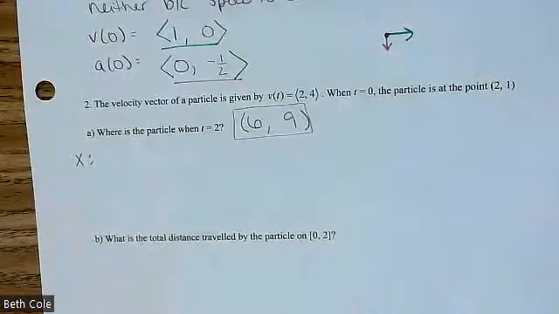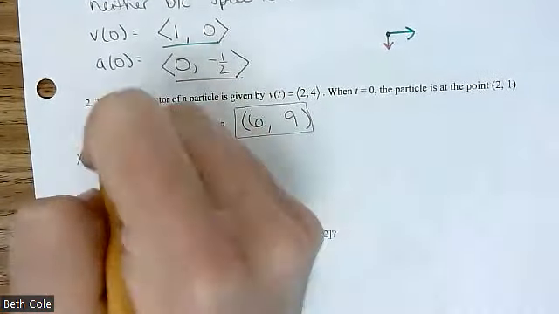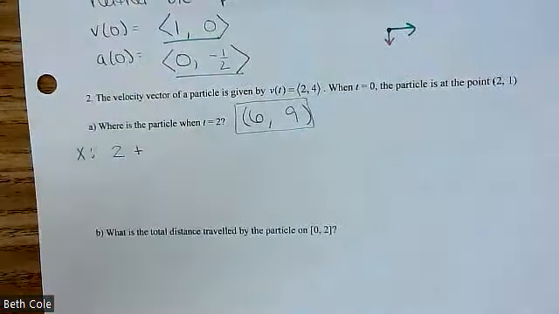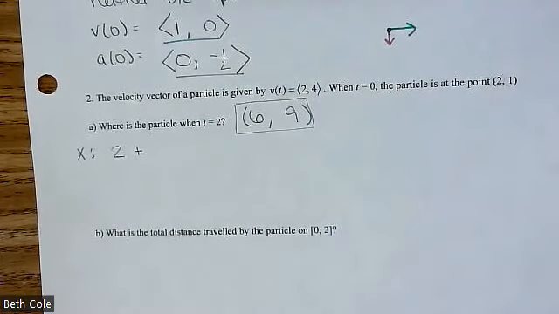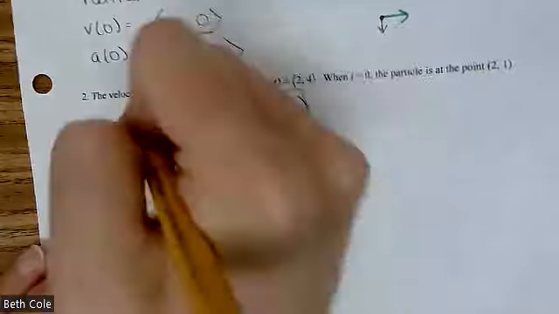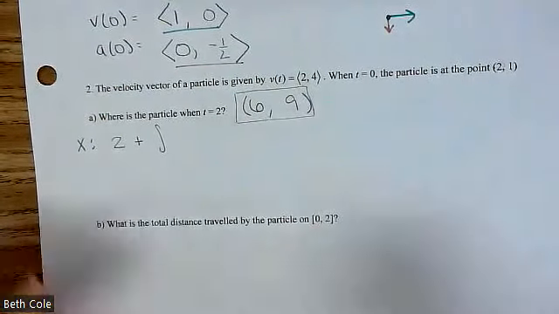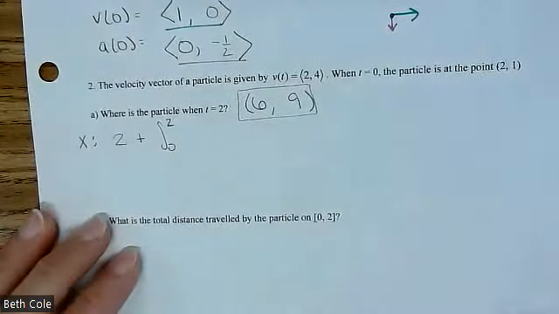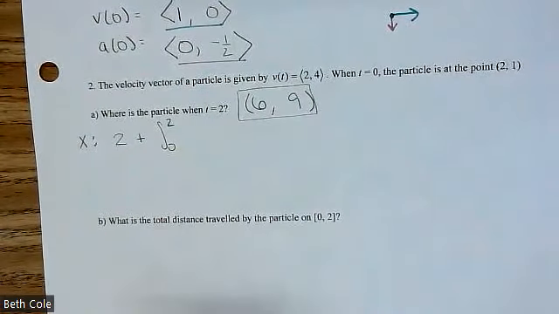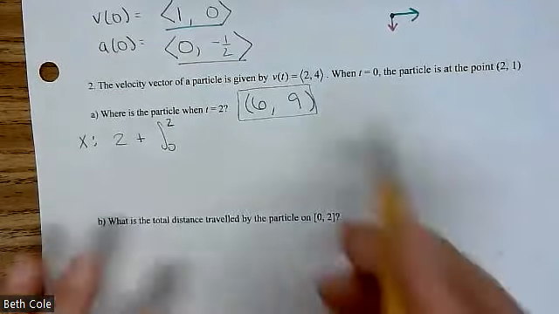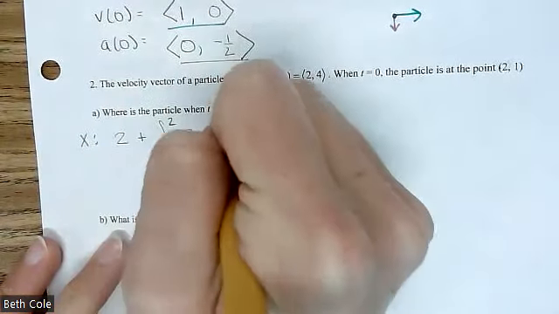If it wasn't constant, you would have to work it out. So for x, it starts at 2 plus, and then what do you set up? An integral. Where to where, or when to when, I should say. 0 to 2, and then what goes inside of there? 2 dt.